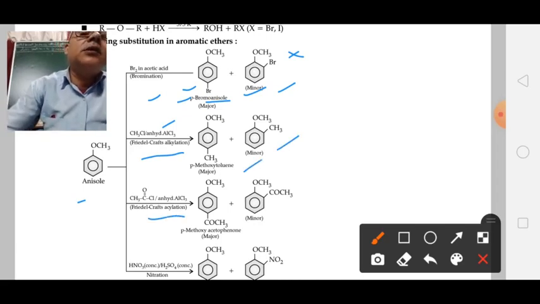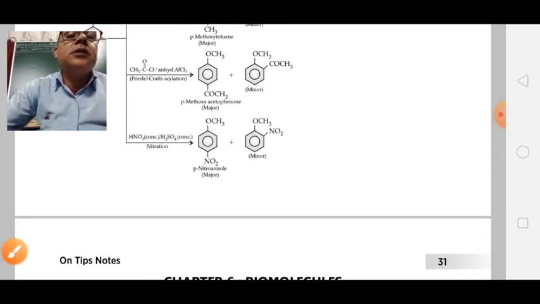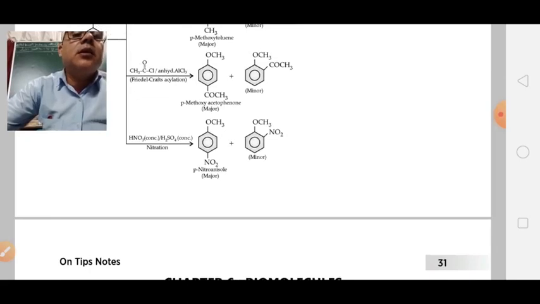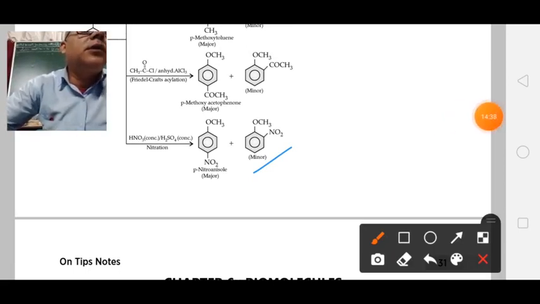Now acyl chloride with anhydrous aluminum chloride gives the Friedel-Crafts acylation reaction, and the ortho and para product is obtained. Next reaction is nitration with fuming nitric acid, which gives the ortho and para product. I hope you understand this well.